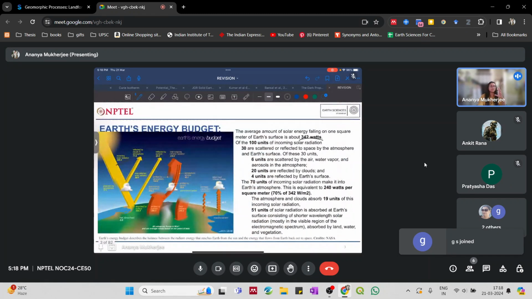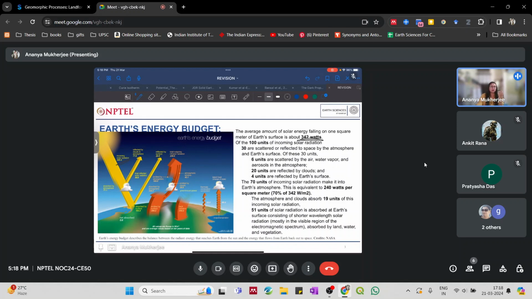So the Earth's energy is derived from the incident solar radiation. Okay, so the total incident radiation that we get is 342 watts. Now from this 342 watts, some percentage of the incident solar radiation interacts with the atmosphere as well as the surface of the Earth.